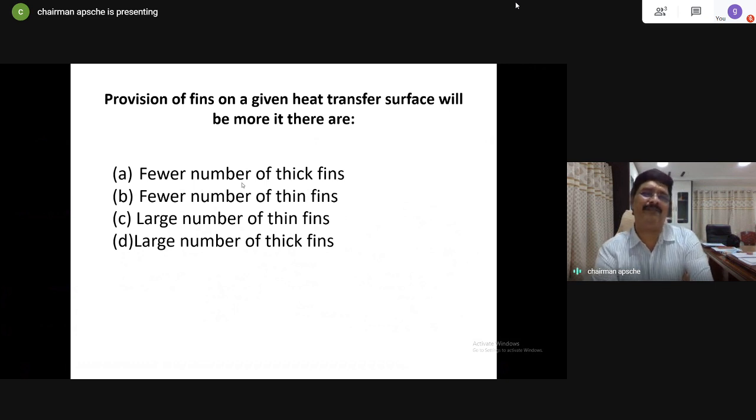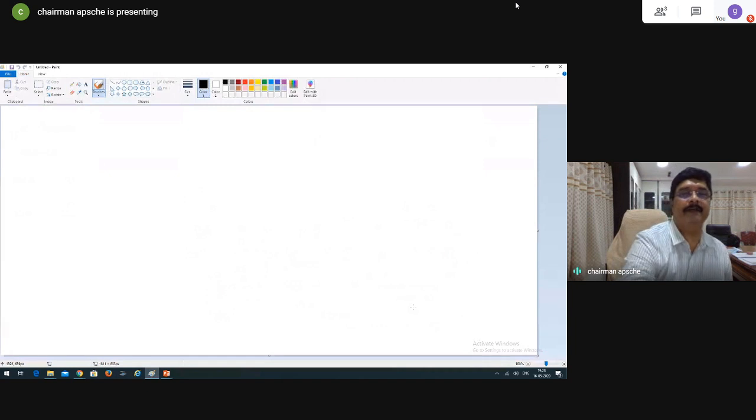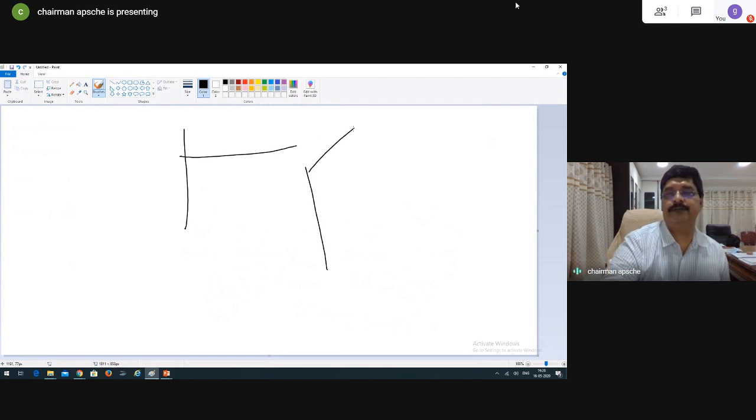If fin thickness is increased, it will only add weight and will not enhance the surface area. Let me tell you again, I should be drawing a three-dimensional view of it.